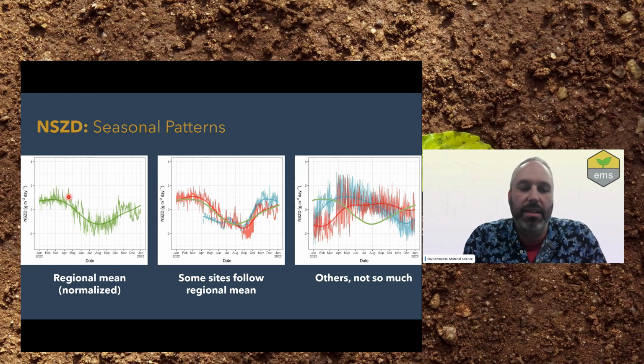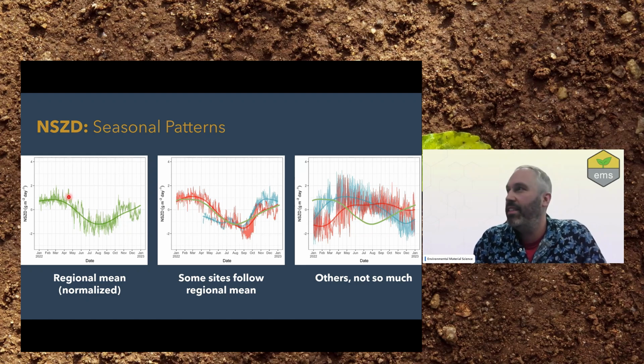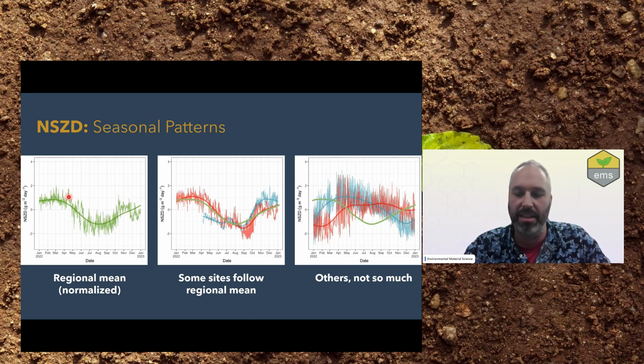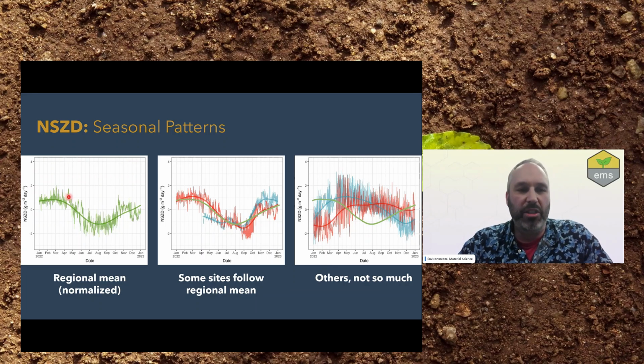And so this I think highlights why it's so important to measure NSZD at a site and not assume that, okay, it's going to be highest in the fall, we'll measure then. There's actually a lot of variability. So this is where point in time estimates might fall a little bit short of giving you an accurate site picture.